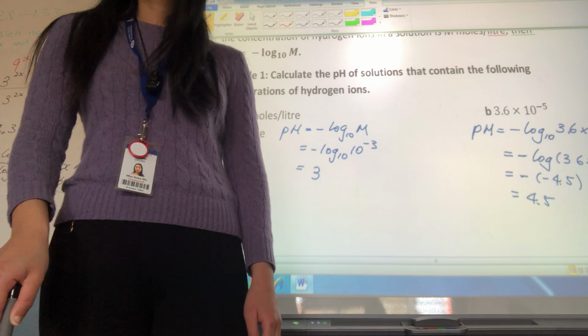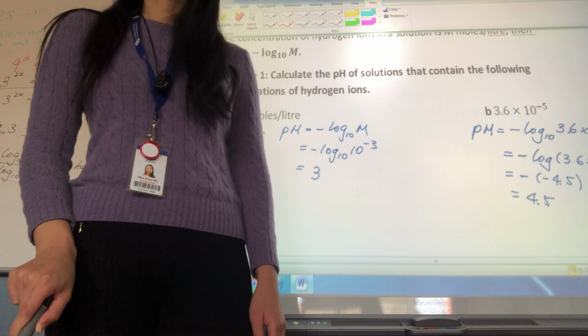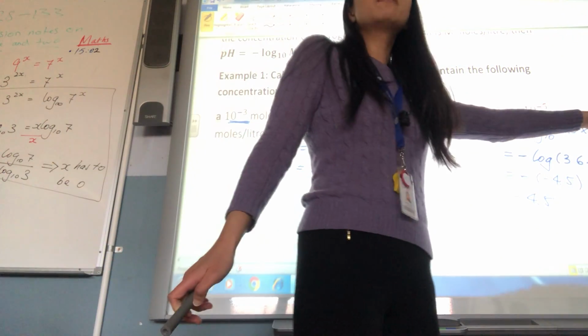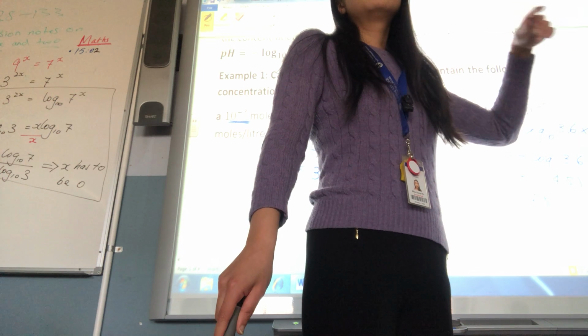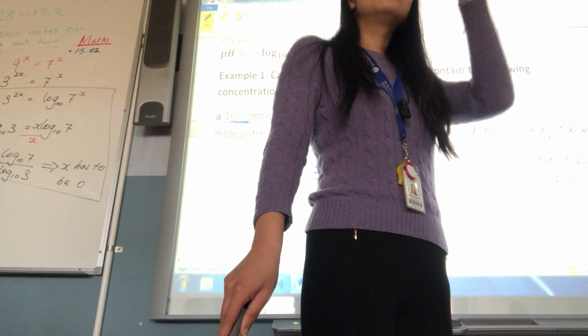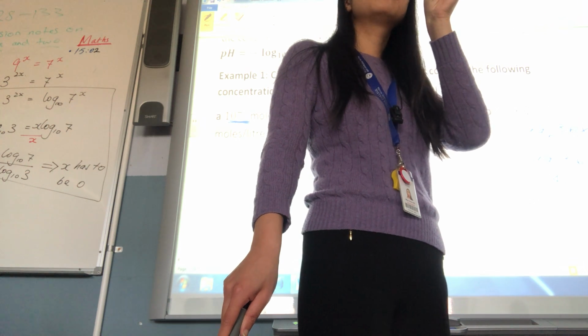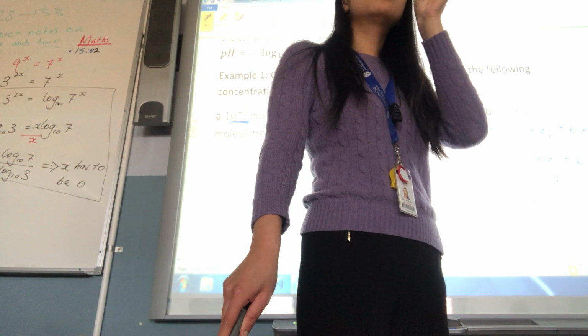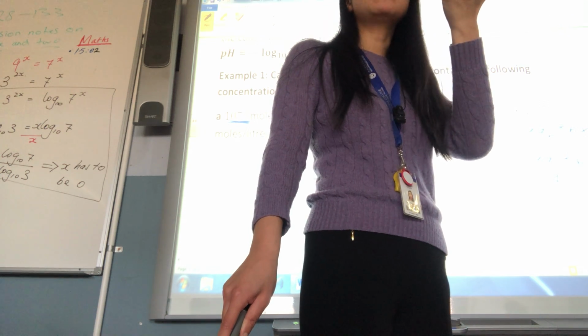I did a log over 10. Log of whatever that is over log 10? Yeah, because I already said log to the base of 10. Log to the base of 10 and log, they're the same thing, right?